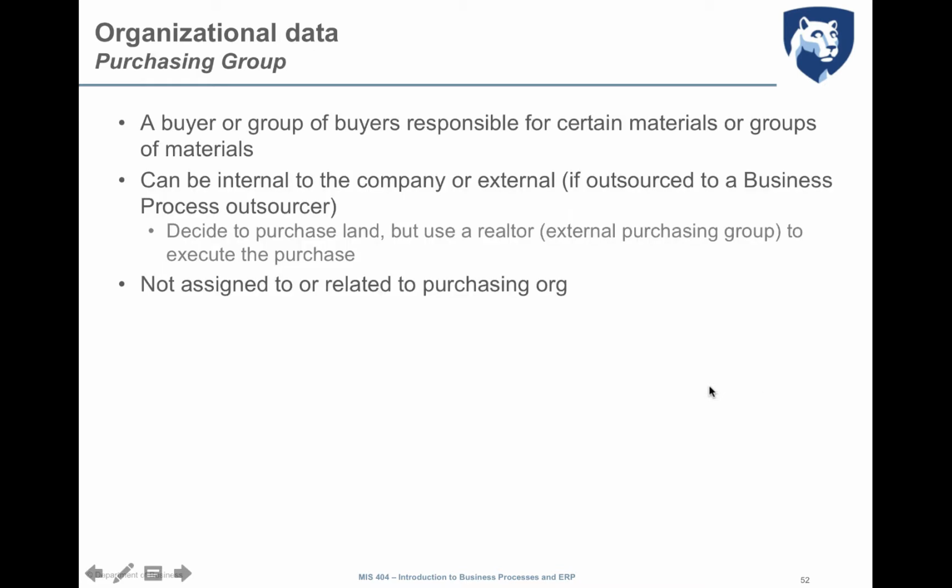Moreover, we also have, as organizational data for procurement, what we call the purchasing group. A purchasing group is an individual or a group of individuals called buyers who are responsible for purchasing activities for a material or group of materials. These activities include all the activities of the procurement process, like planning, claim managing, purchase requisition, requesting quotation, negotiation with suppliers, creating and monitoring purchase orders and supplier performance.